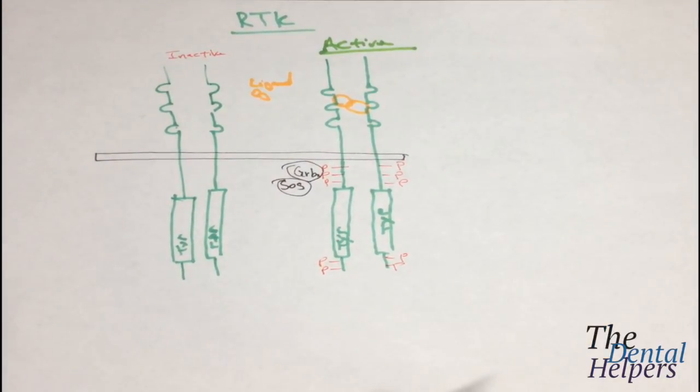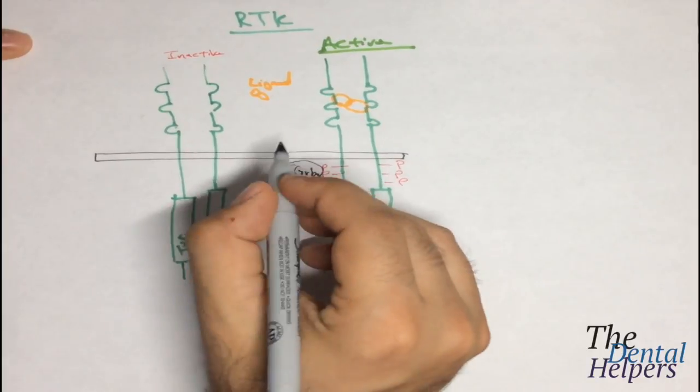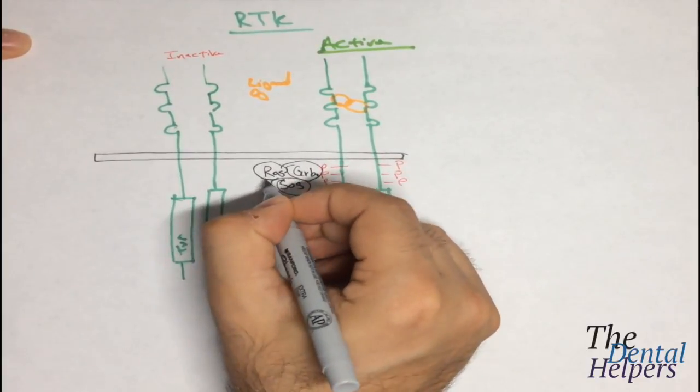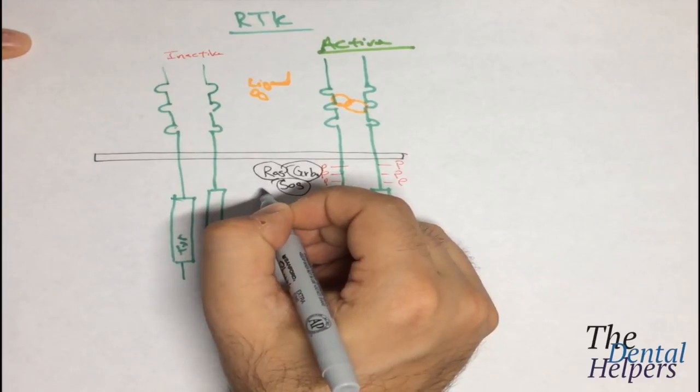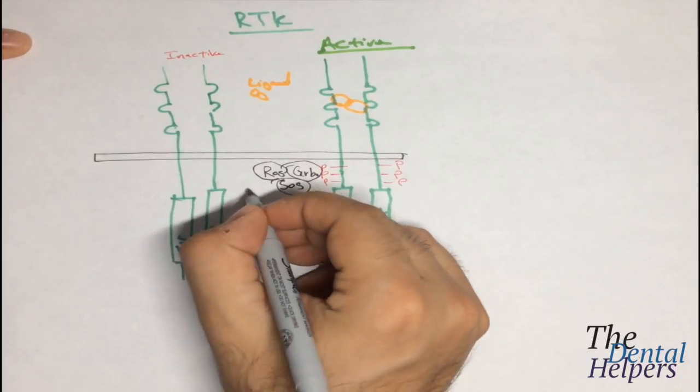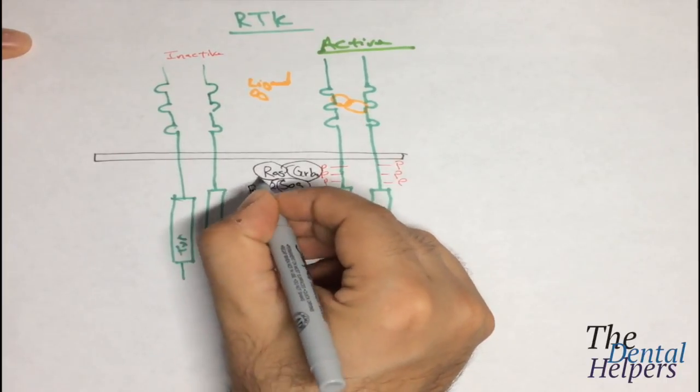So it's going to convert a GDP into a GTP. And once this comes, RAS will come in, and RAS will now be in the active state where it now has its GTP bound instead of GDP bound. And then that will bring in RAF.